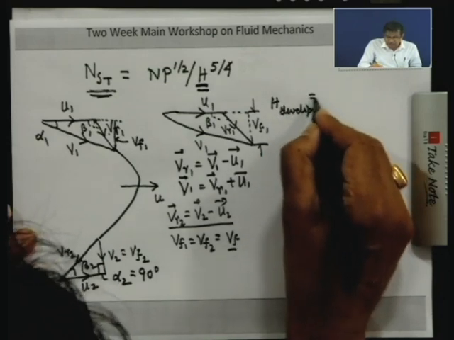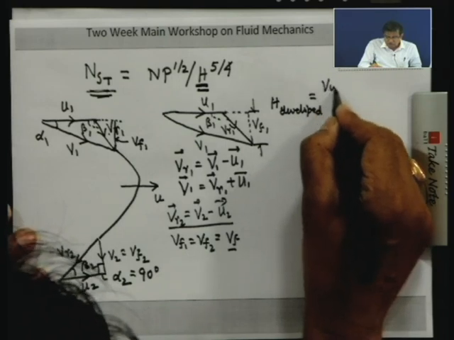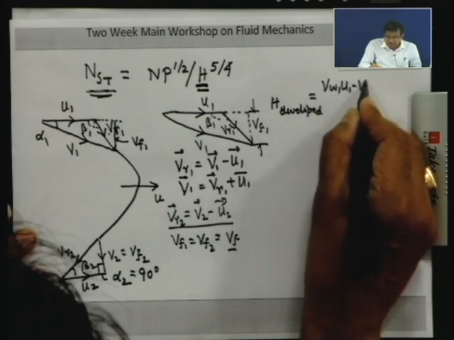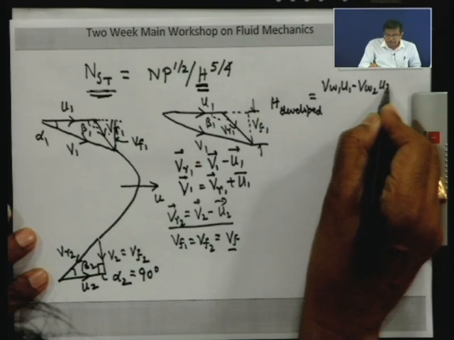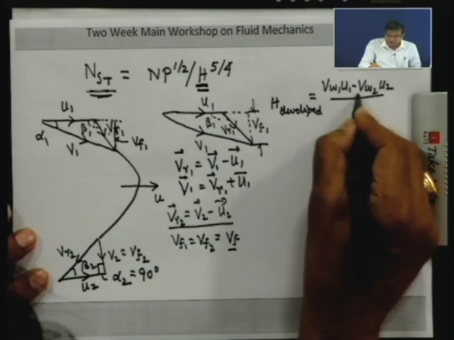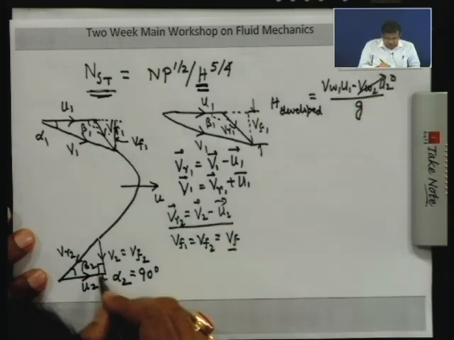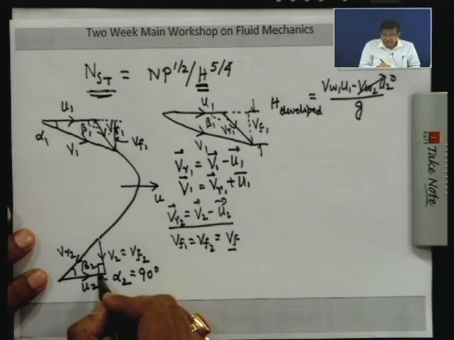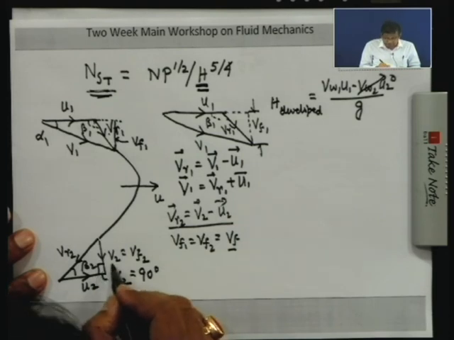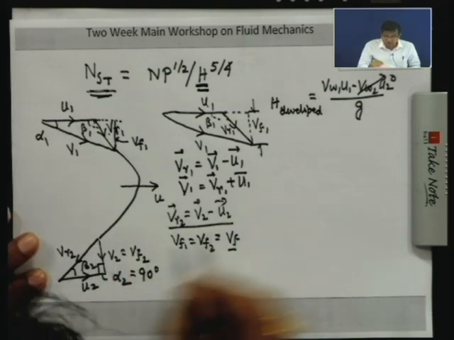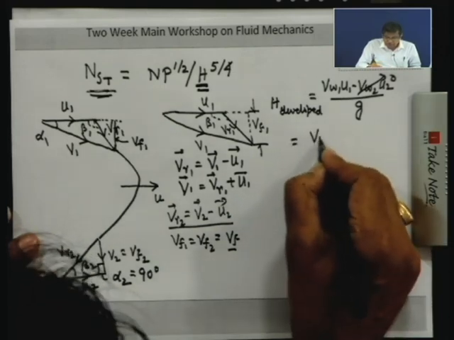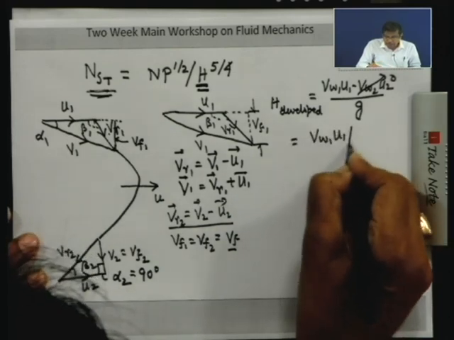H developed equals VW1 U1 minus VW2 U2 by g. Now, in this case this is 0 because VW2 is 0, it is a radial outlet. That means V2 is radial, V2 is Vf2. So, this becomes equal to VW1 U1 by g.